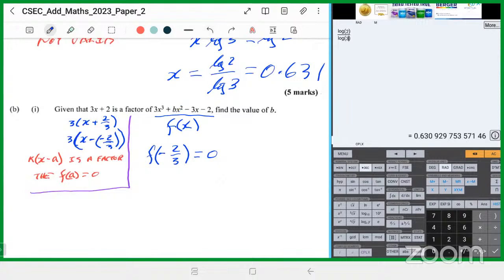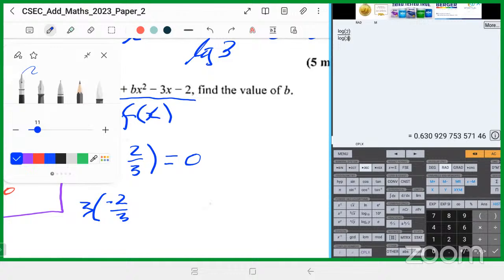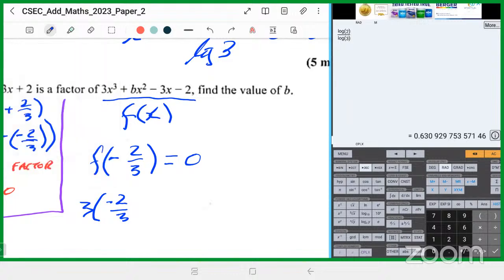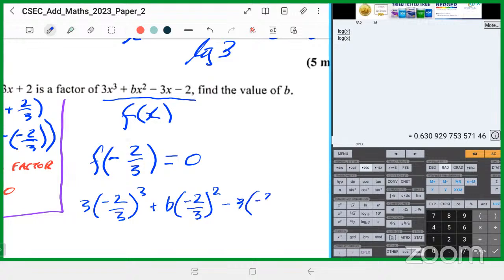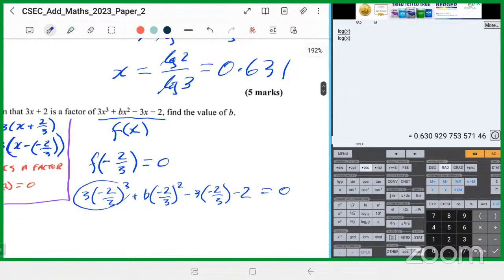Okay, so it's 3 times negative 2/3 cubed plus b times negative 2/3 squared minus 3 times negative 2/3 minus 2. This is equal to 0.